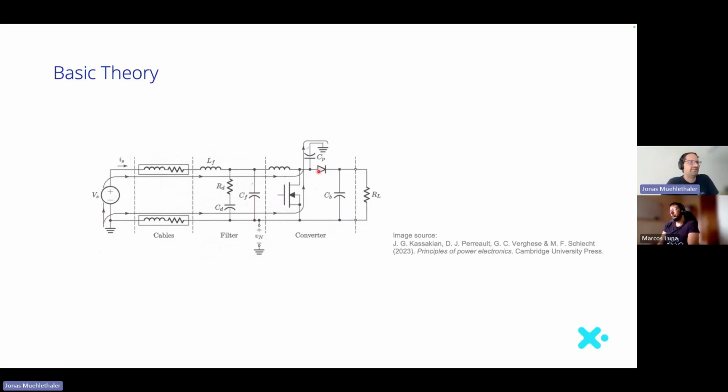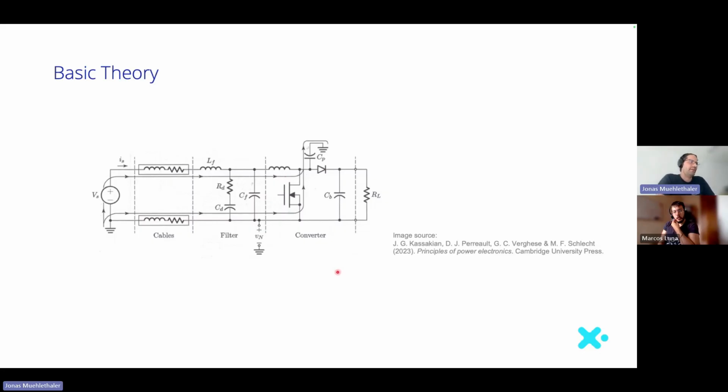But if you have parasitic elements, like a capacitive element, which can be from the semiconductor to the ground, something you don't actually want, but it's always there, and you have switches, then there is a path for the current to flow through this capacitor. And because of this, you will have a current that flows on the positive side as well as on the negative side in the same direction. And these are called common mode currents.